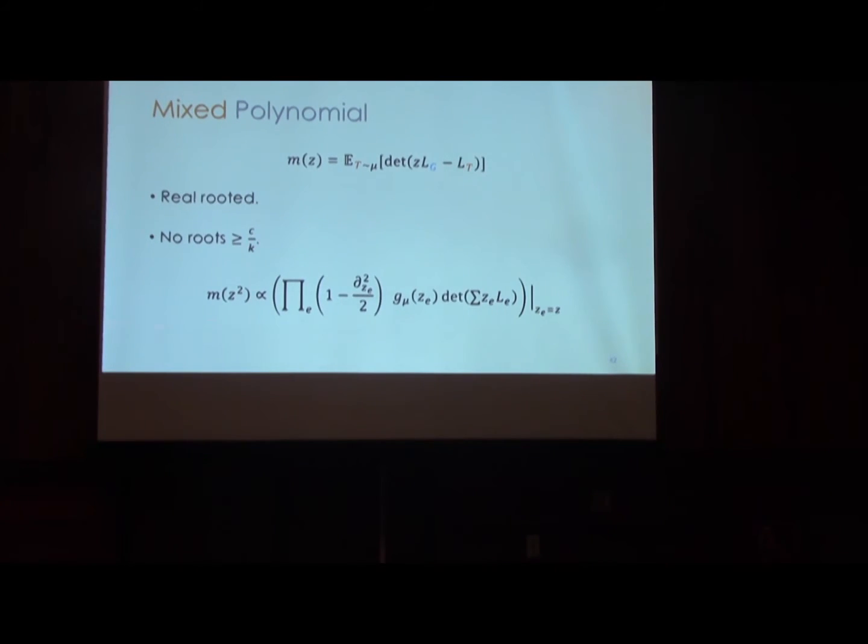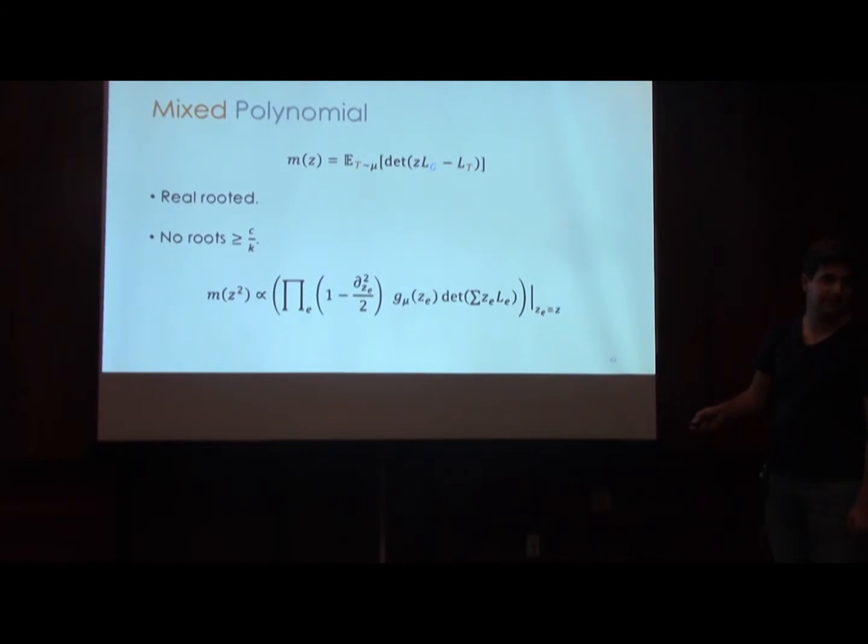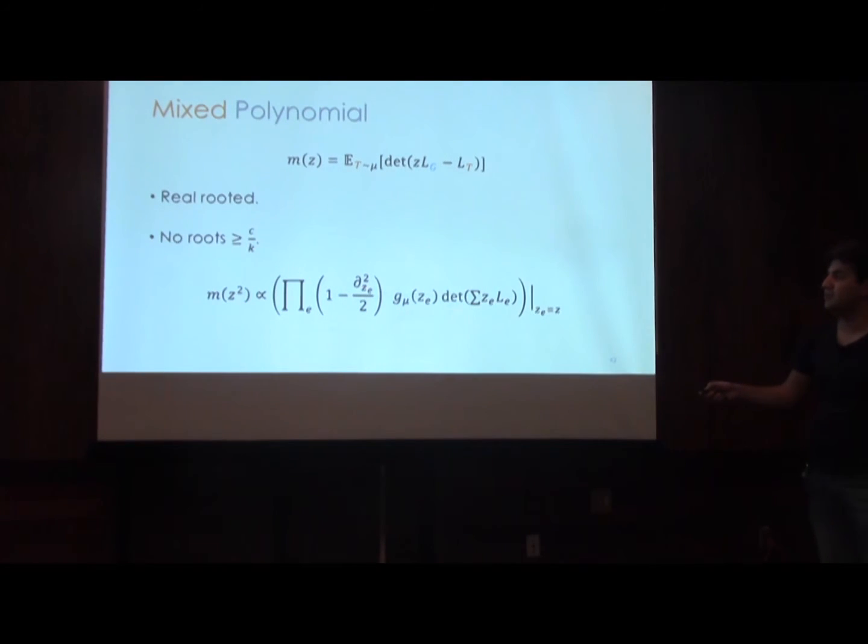The way I'm going to show that crucially relies on this representation, which is not obvious at all. So let me tell you what the terms here are. This m is the mixed polynomial I want to get. This g mu is the generating polynomial of the strongly Rayleigh distribution mu that is given to me.